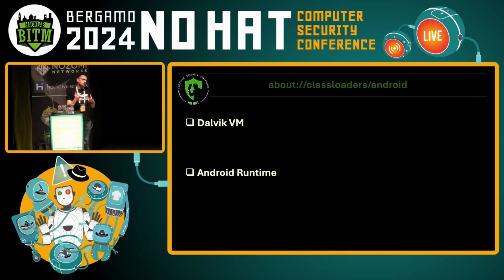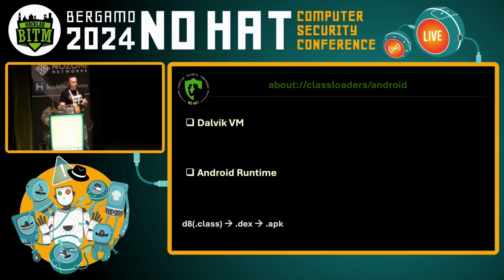So Java, besides Kotlin, remains a mainstay when it comes to programming languages, and when it comes to running code, we have Dalvik bytecode, which is contained in Dalvik executable files, and is not compatible with the Java VM bytecode.